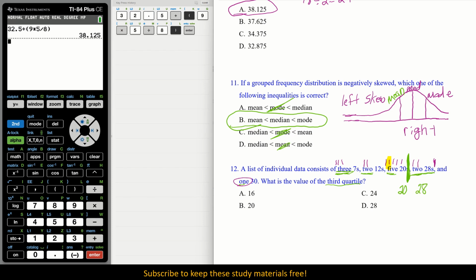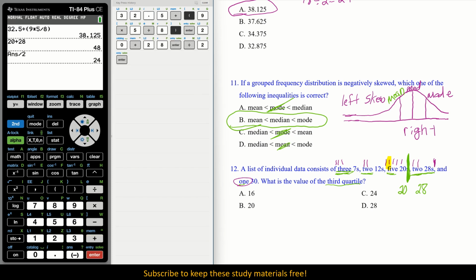Okay, let's just pop this in the calculator. So you add those two numbers together, 20 plus 28 equals, divide by 2, it's 24, and that is correct. That means that Q3 would be 24. Okay, let me draw this like in a box plot.